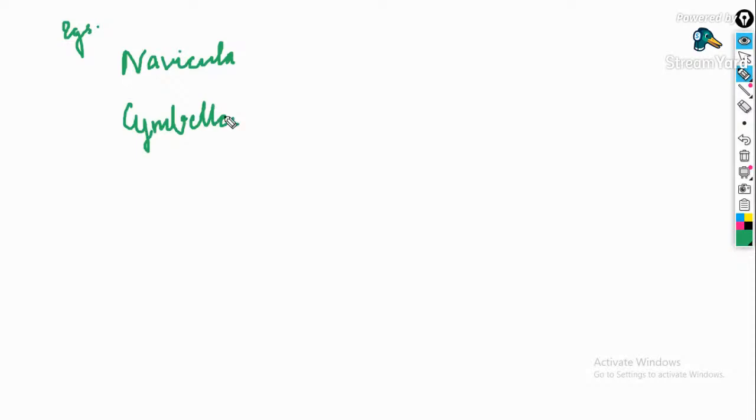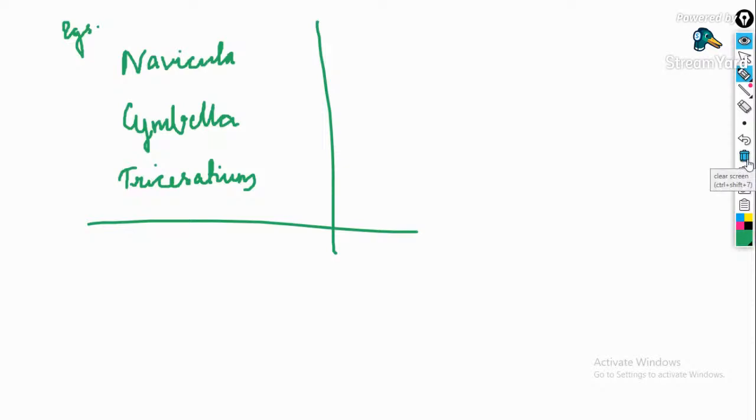Third one, Triceratium. Is that clear? And that's all for the end of diatoms. These are the examples of diatoms: Navicula, Cimbella, and Triceratium.